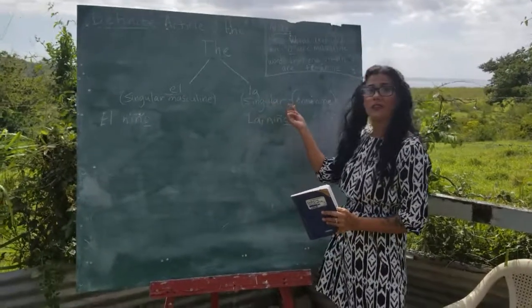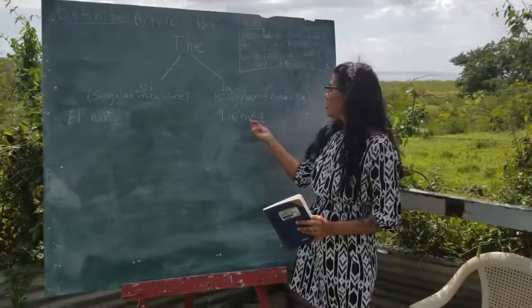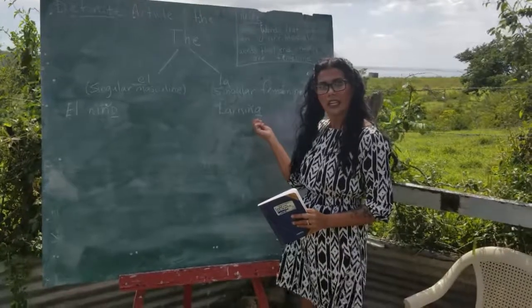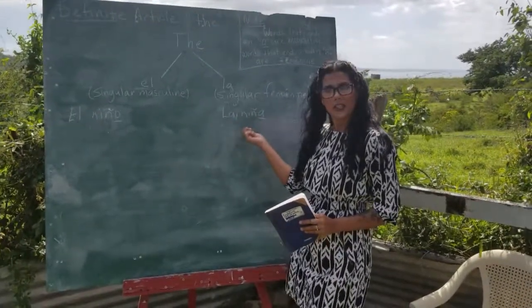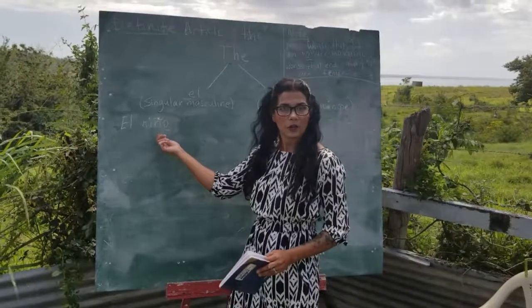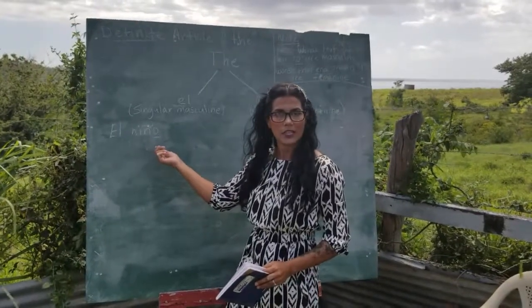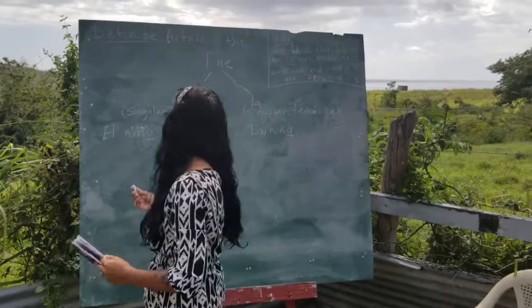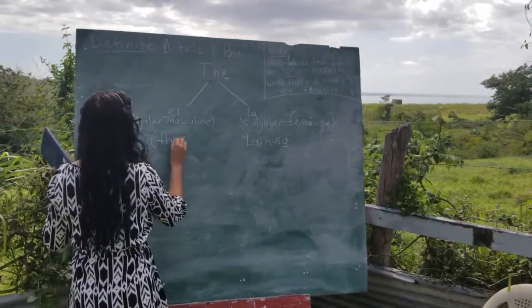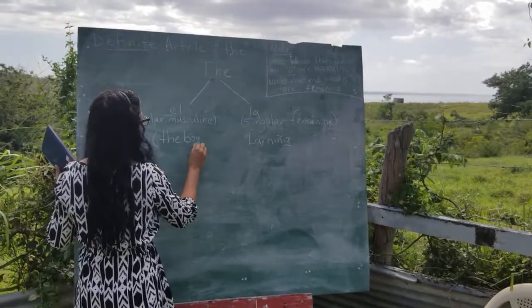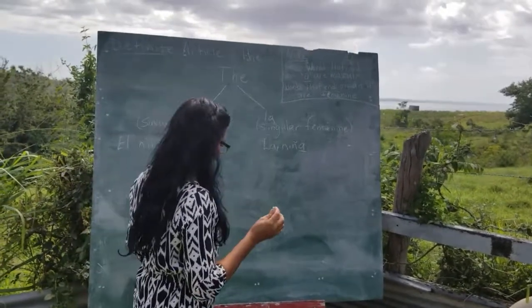La is a singular feminine. So niña ends on an A, and therefore we use la niña. Niño is a word that we already studied. So it's a boy. The boy.